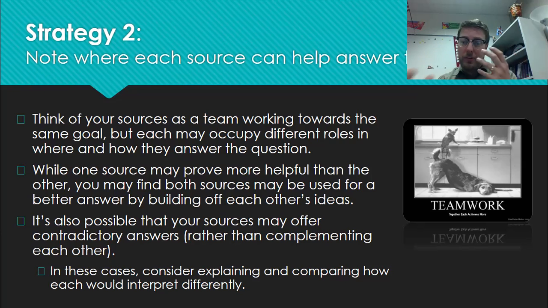So you might think of your sources as almost being like a team that are working towards the same goal in this paper. Obviously, not all of their ideas are going to take equal part in this. One may play a more major and minor role in this, and so one source may prove to be more helpful or direct, but it could be that the ideas from the other source may still be involved in some significant way.